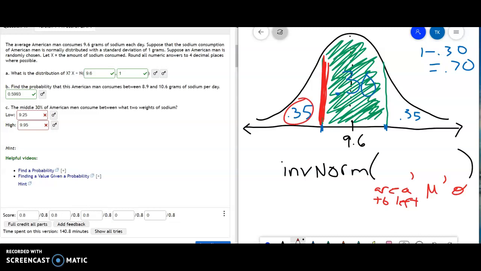Do we agree? Okay, so 0.35 is our first number, and the mu and sigma are just given in the problem. I'll input this in the calculator in a second, and that's for that first red line. So far, so good.